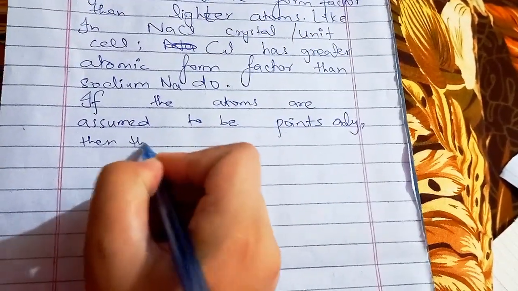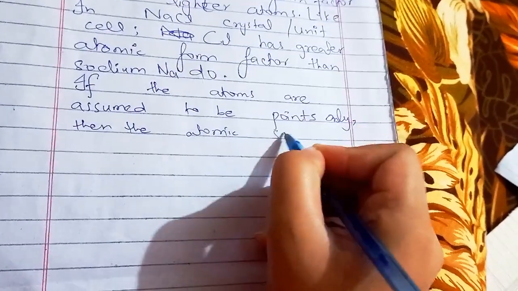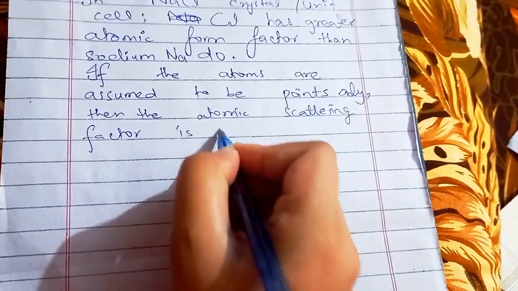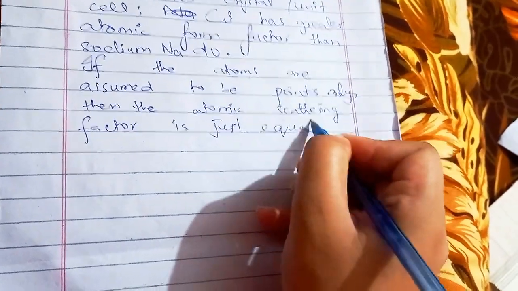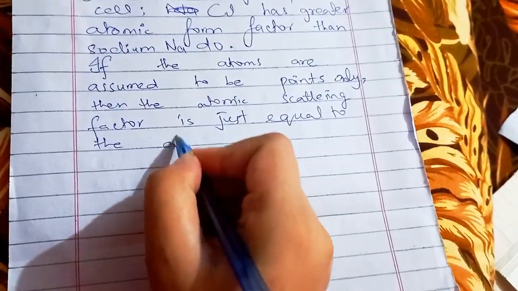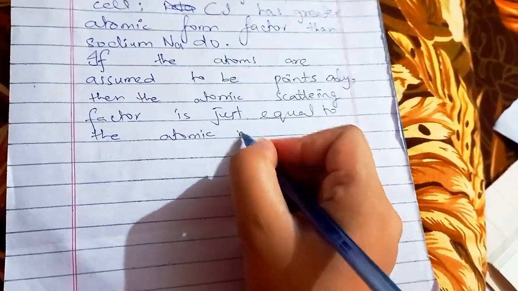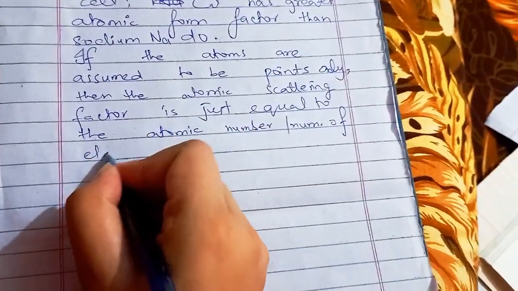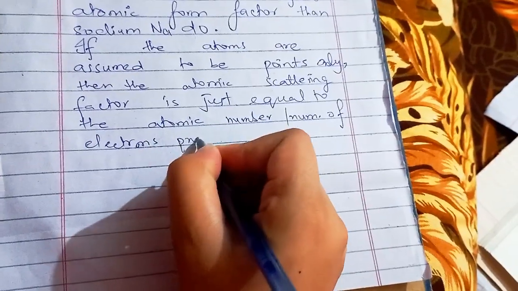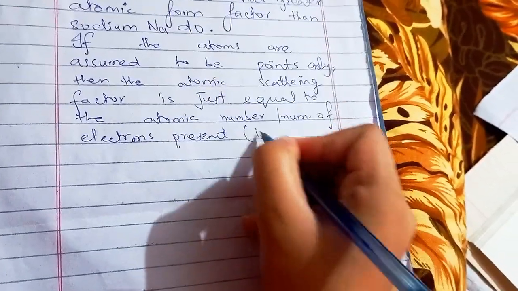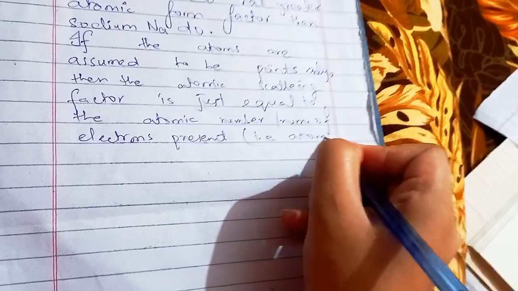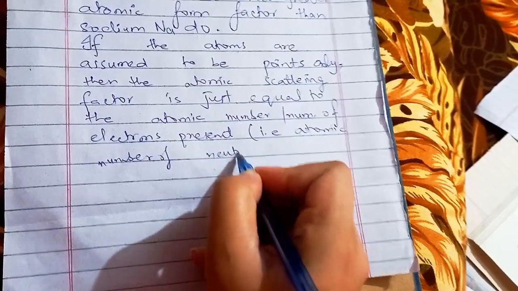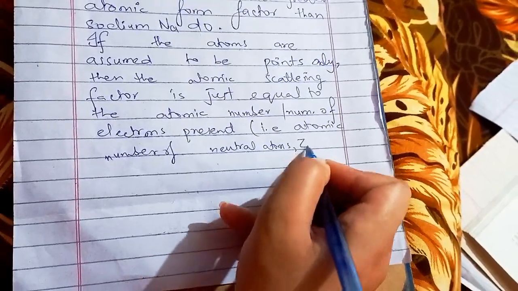Then the atomic scattering factor is just equal to the atomic number or number of electrons present. That is atomic number of neutral atoms, not the ions, which is Z.